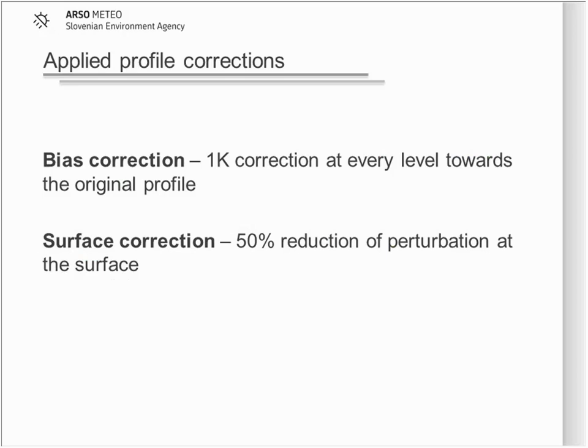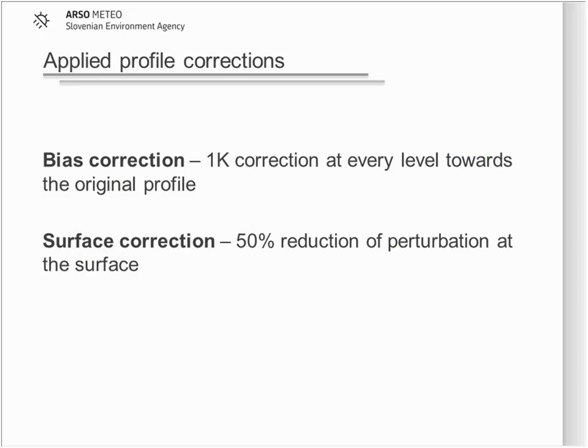Now, yesterday we heard that some people are trying to apply corrections to the retrieved profiles to reduce the error. Typically, the two corrections that you can apply are the bias correction or the surface correction, like the Hungarian colleagues are doing.